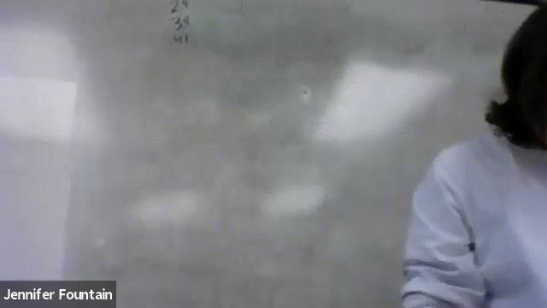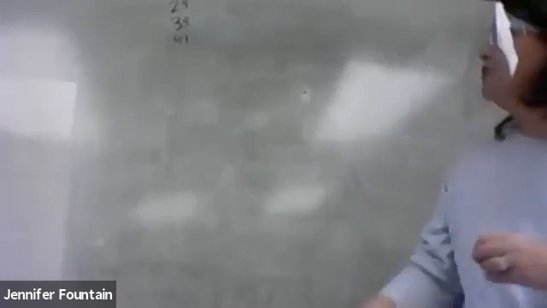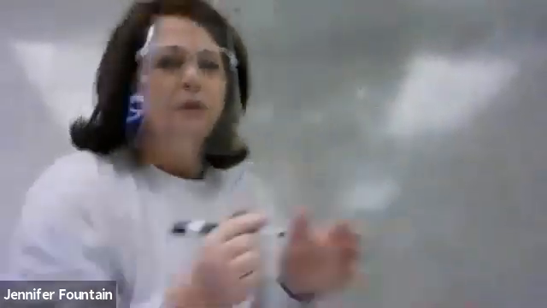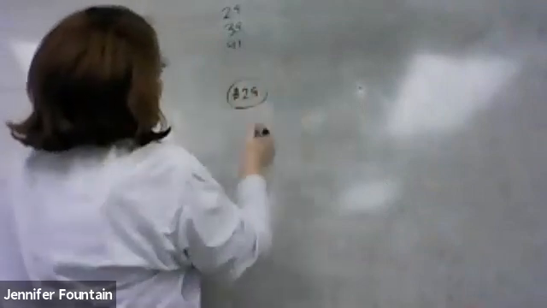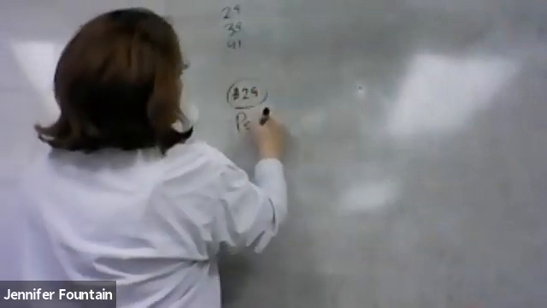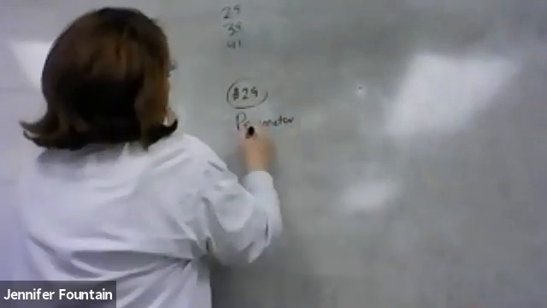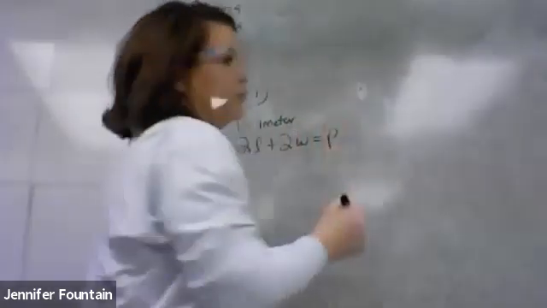Okay, so it says the perimeter of a rectangle is 84 feet. The ratio of the width to the length is 2 to 5. So this is number 29. I know I'm talking about perimeter. What is my formula for perimeter? 2 times the length plus 2 times the width equals my perimeter.